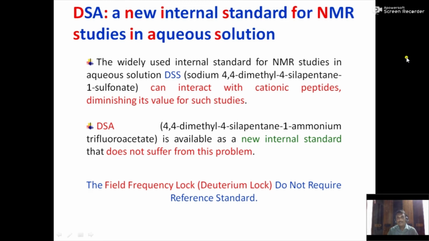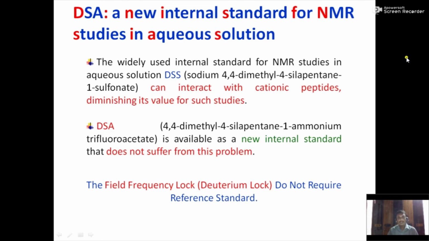So whenever you have to study cationic peptides, you have to use DSA instead of DSS. DSA is also a new internal standard whenever you are using aqueous solutions for your NMR study, and DSA does not suffer such a problem. It does not compromise the cationic peptide signals.